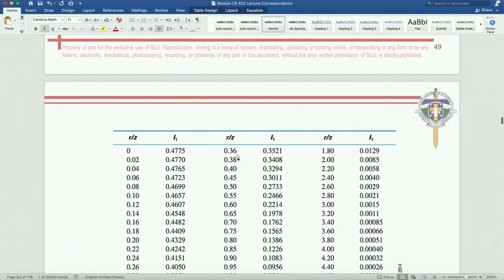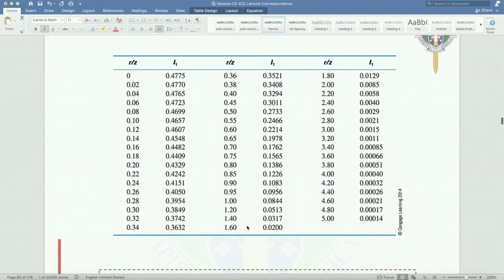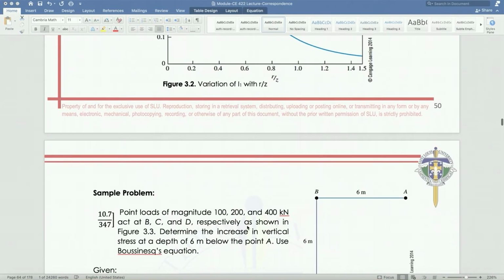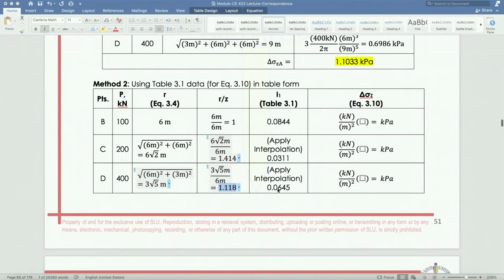Okay. Next naman is 1.118. For 1.118, tignan natin, wala rin because 1, 1.2. But 1.118 is in between 1 and 1.20. So ang gagawin natin is we will be having here another interpolation. Upon interpolation, the value would be equivalent to 0.645.